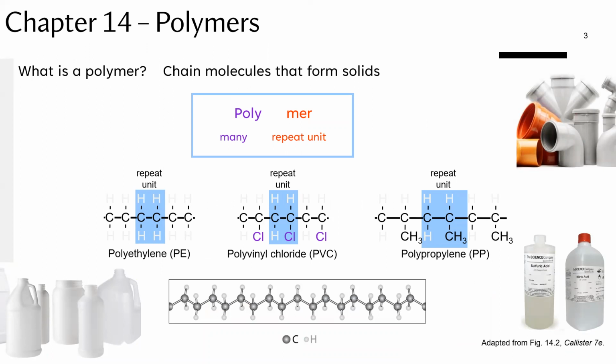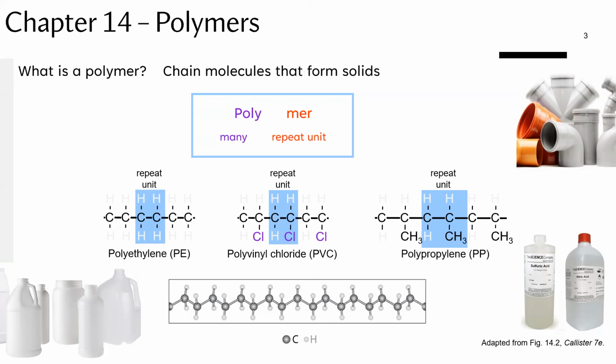A chain of a repeat unit, which we call a monomer. A monomer is a single unit. The word polymer is made of these two parts, poly and mer. Poly means many, numerous, and mer means that repeat unit.